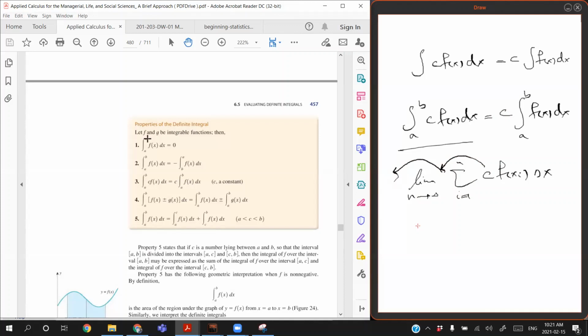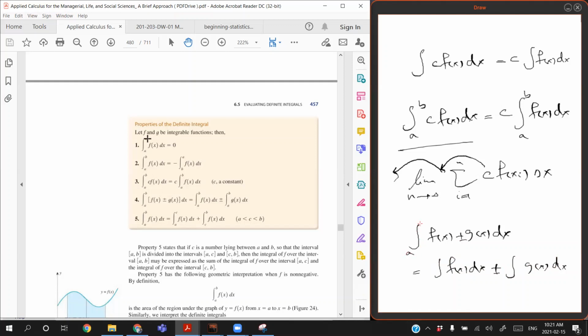The fourth one is if you have the integral of f of x plus g of x dx. You remember for indefinite integrals, which are basically antiderivatives, this is the integral of f of x dx plus the integral of g of x dx. And if you have a minus, it's going to be minus that. So these properties that you had for indefinite integrals, you also have for definite integrals.